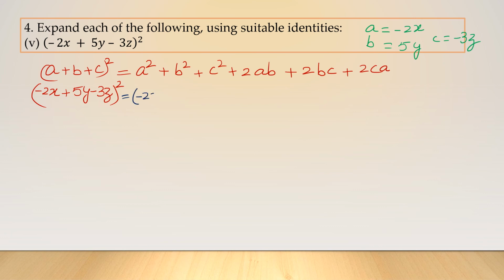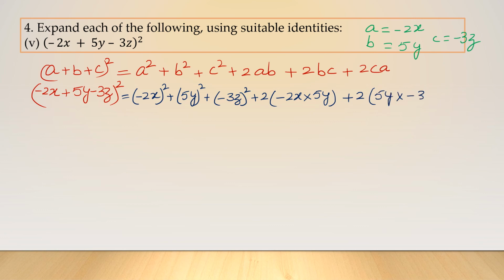In place of A, minus 2x whole square plus in place of B, 5y whole square, in place of C, minus 3z whole square plus 2, in place of A comes minus 2x, in place of B 5y, plus 2bc, in place of B we will write 5y, in place of C minus 3z, plus 2ca, in place of C we will write minus 3z and in place of A minus 2x.